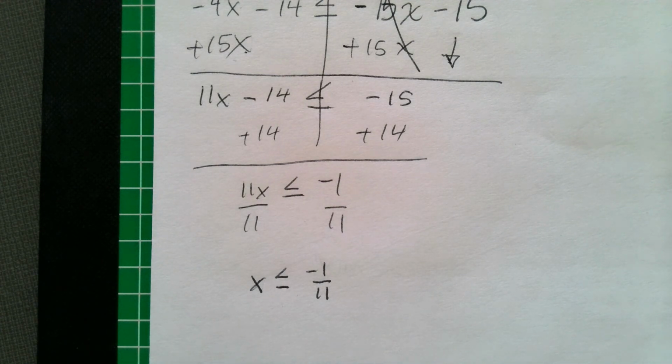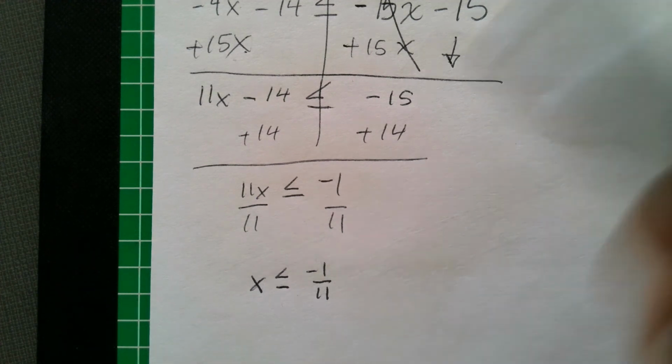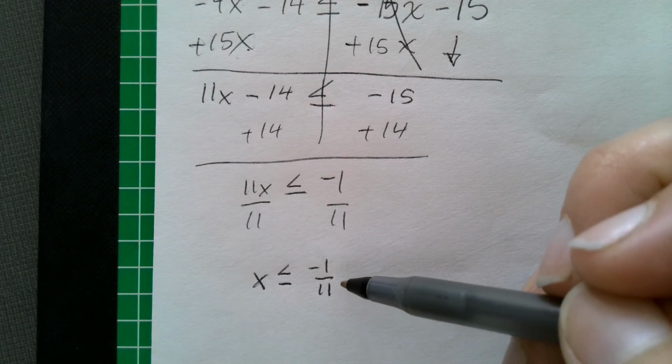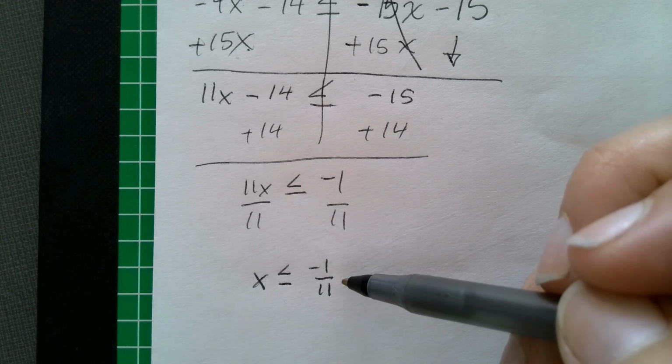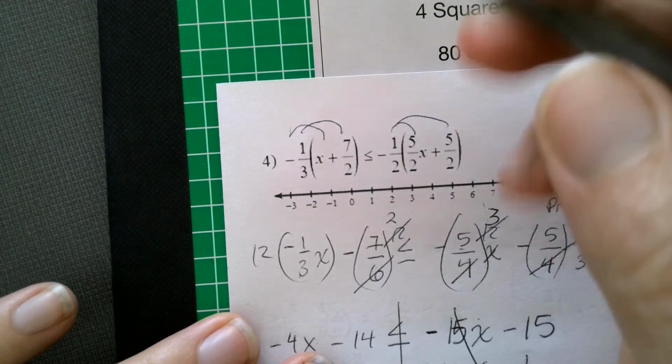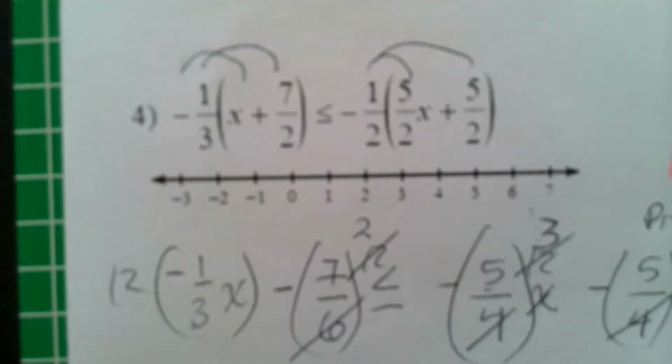Tell me when you're ready and we'll put it on the number line. What whole number is this closest to? 0. It's just a little bit to the left of 0, right? Is this going to be an open or a closed circle?